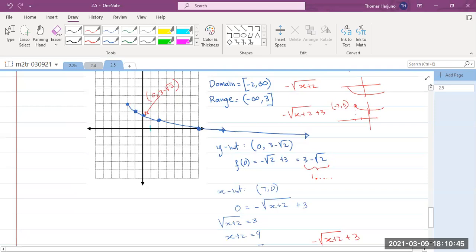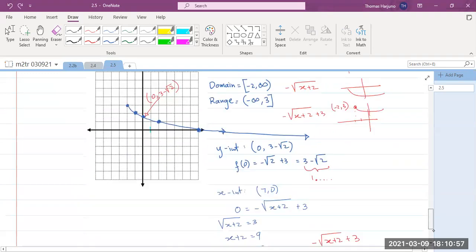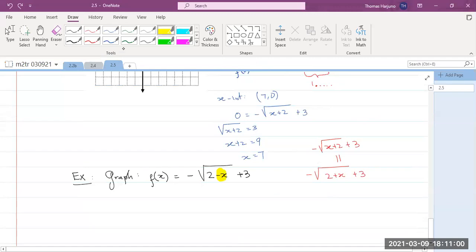Now, imagine if you replace the x here by negative x. That becomes 2 minus x there, right?